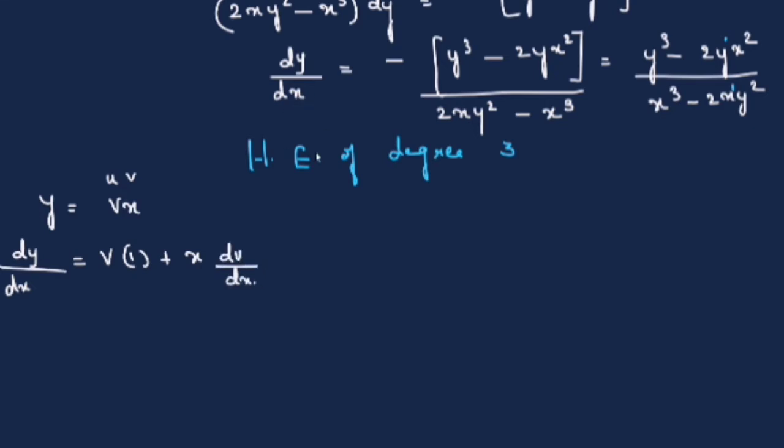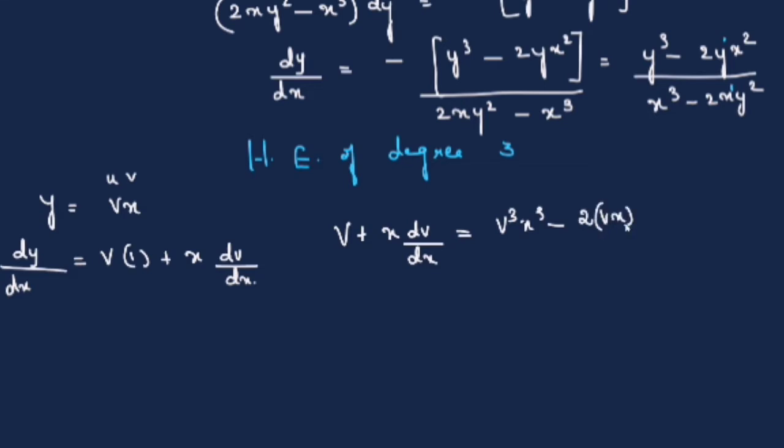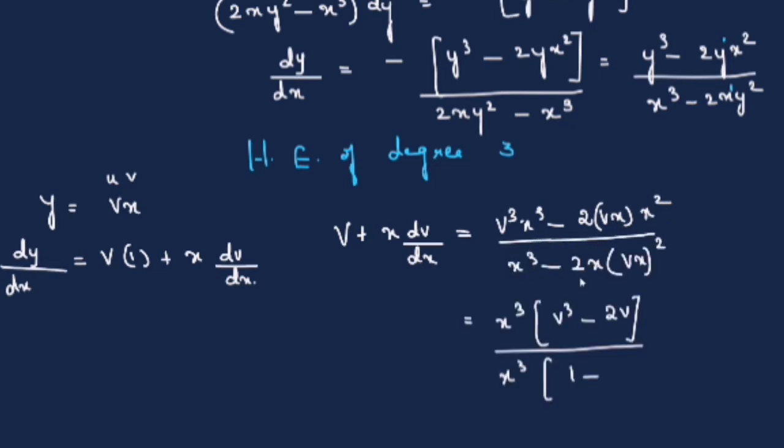So the left hand side we can write as v plus x into dv by dx is equal to, wherever you have y, put vx.